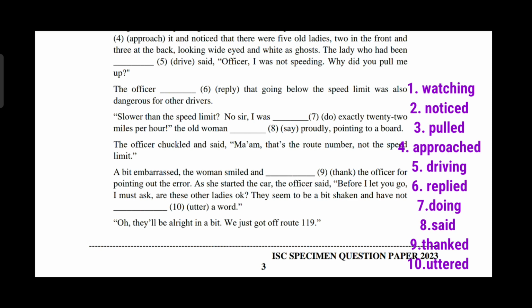As she started the car, the officer said, "Before I let you go, I must ask, are these other ladies okay? They seem to be a bit shaken and have not uttered a word." "Oh, they'll be all right in a bit. We just got off route 119."